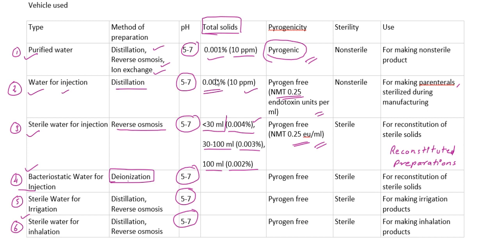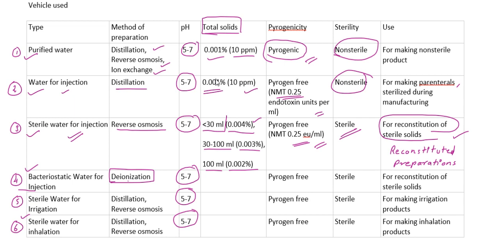Purified water and water for injection are both non-sterile, but sterile water for injection is fully sterile. Sterile water for injection is used for the preparation of reconstituted solids.